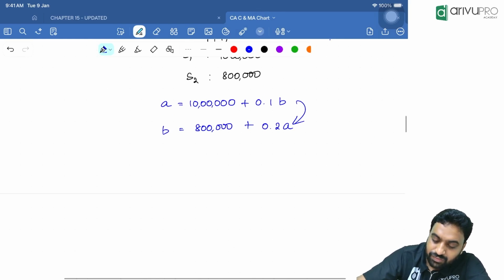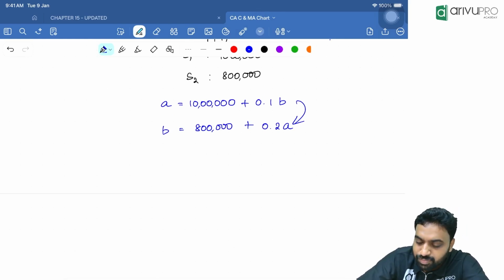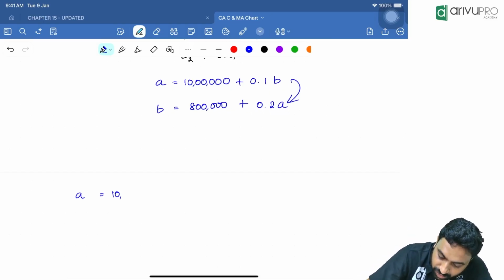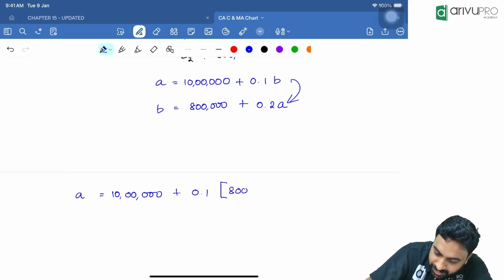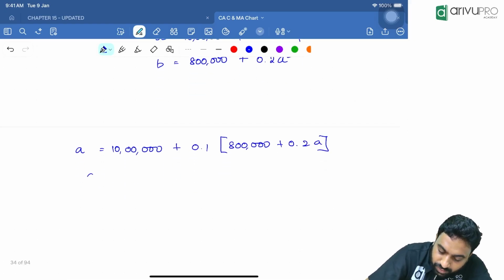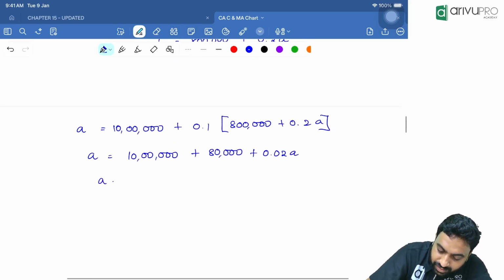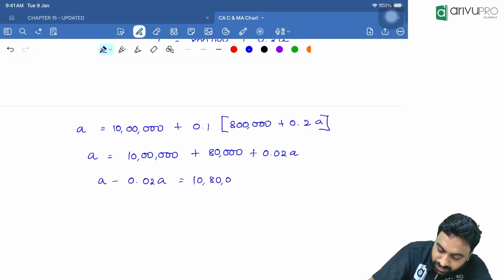Let's substitute 2 in 1. That is, B we replace in the equation for A. So A is equal to 10 lakh plus 0.1 times B, and B is 8 lakh plus 0.2 A. Now A is equal to 10 lakh plus 80,000 plus 0.02 A. A minus 0.02 A is equal to 10 lakh 80,000.